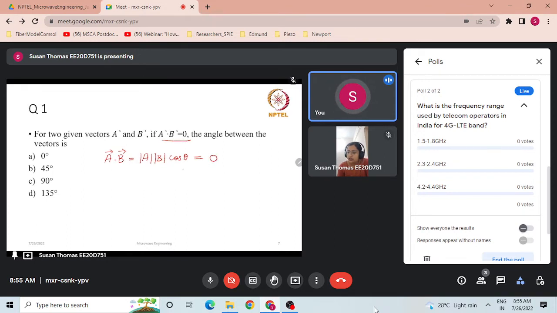This happens when the angle between the vectors A and B, which is theta, is 90 degree. So the answer option is C, 90 degree. I hope this is clear. When two vectors are perpendicular to each other, we have A dot B equal to 0.